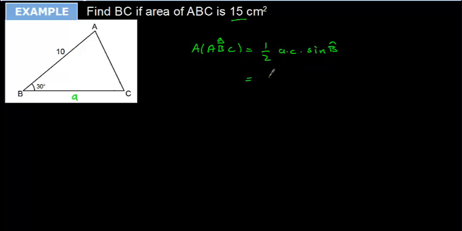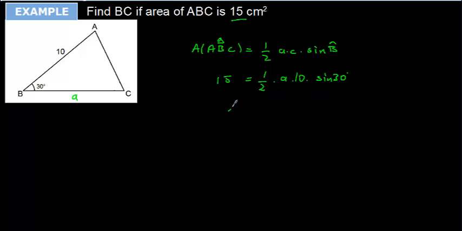So 1 over 2 times A, we don't know, and C is equal to 10, sine B is sine 30, and we know the total area is going to be 15.